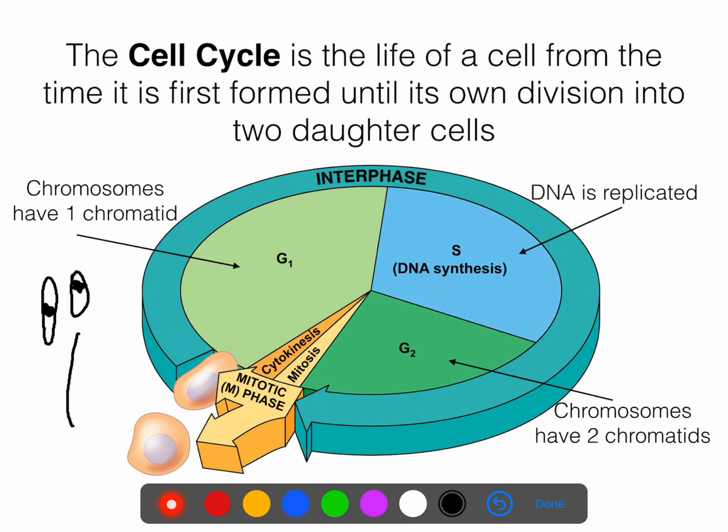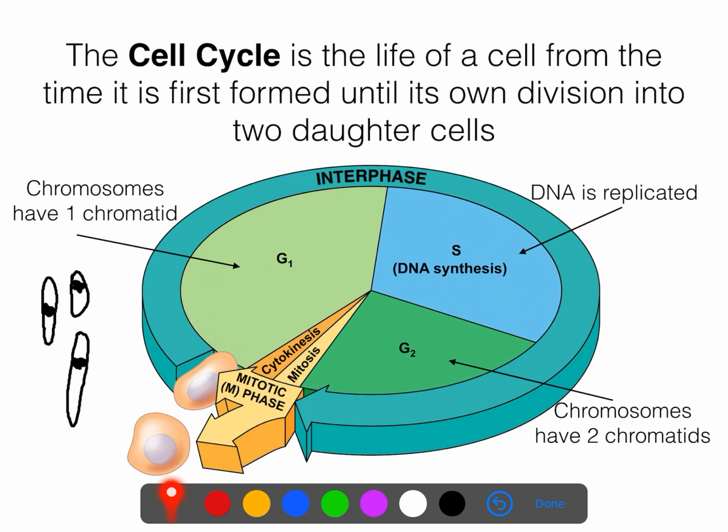But I'm just going to draw 3 here. And chromosomes all have a centromere, which is not always located at the center, but it is considered the center of the chromosome. And then they have legs, usually 2 of them, one going up and one going down.